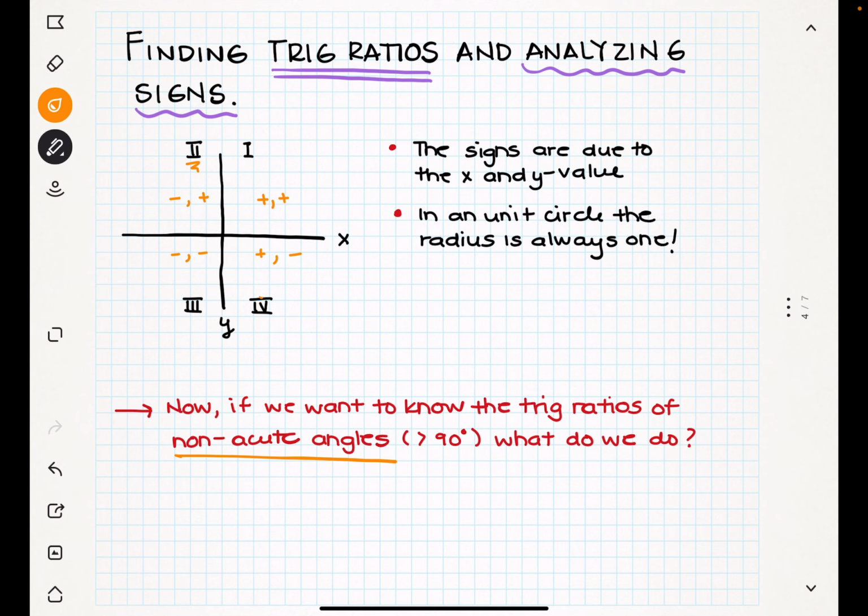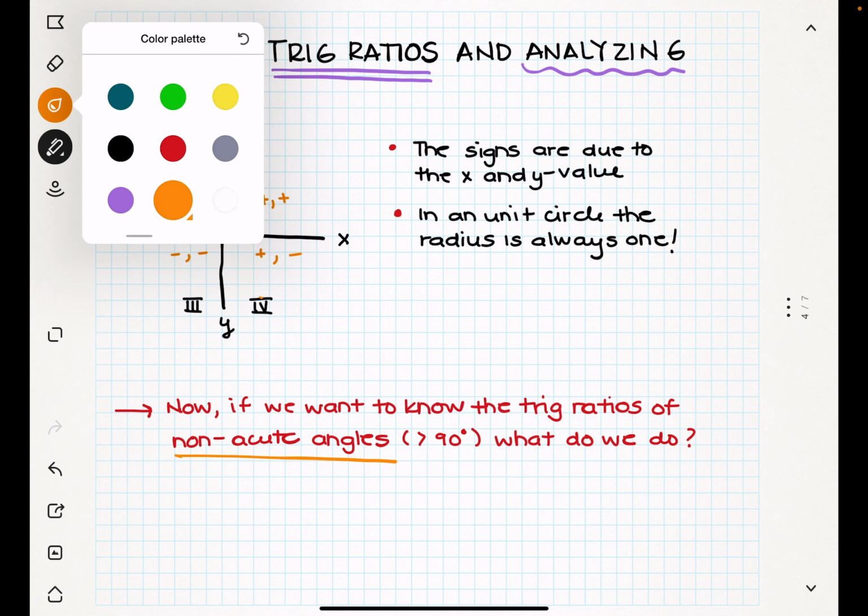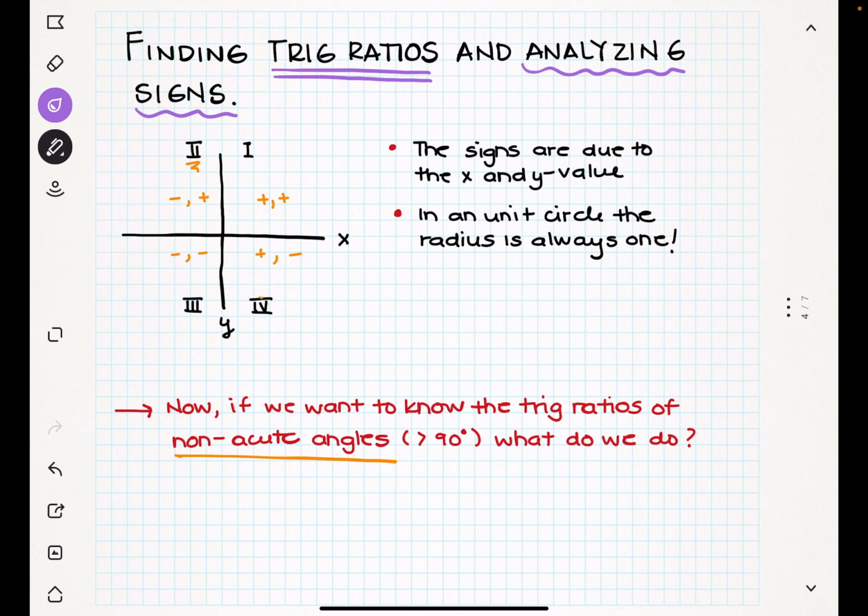Before we move on, I just want you to have in your notes what sine is. Remember that sine is opposite over hypotenuse. Cosine is adjacent over hypotenuse, and tangent is opposite over adjacent.